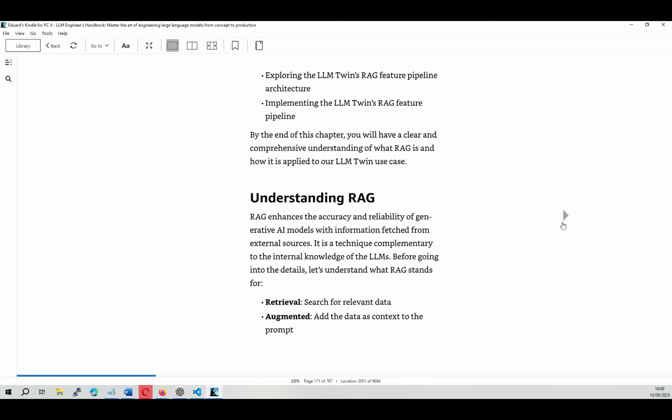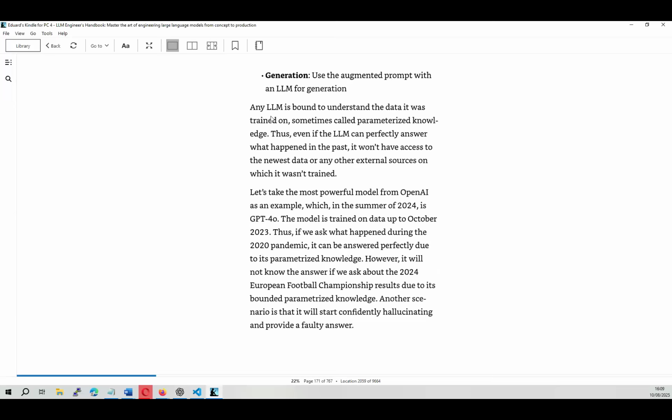And for the third step, this augmented prompt goes to the large language model. So the large language model receives our query, but it's not an isolated query.